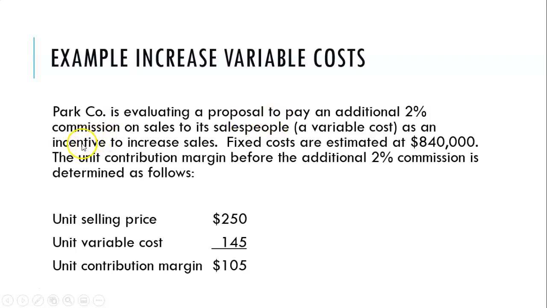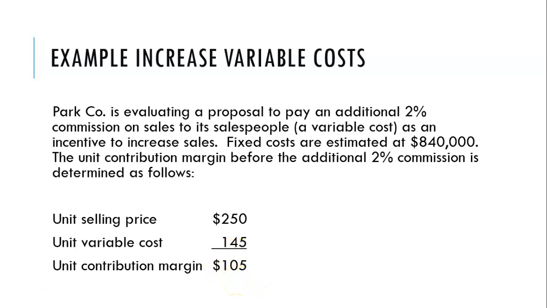And we're doing that to provide an incentive to increase sales. Okay, fixed costs are estimated at $840,000. The unit contribution margin before the additional 2% commission is $250 sales price minus the unit variable cost of $145, and that gives us our unit contribution margin of $105.